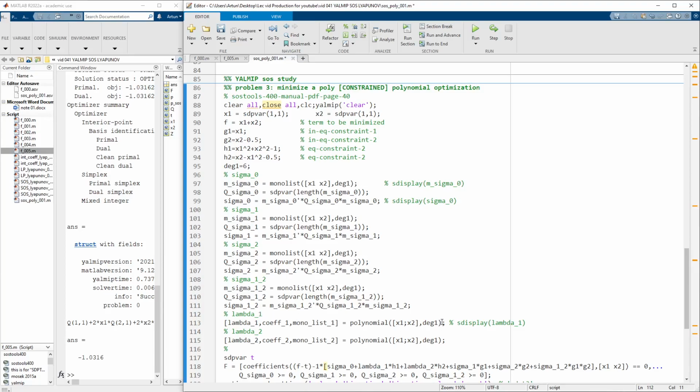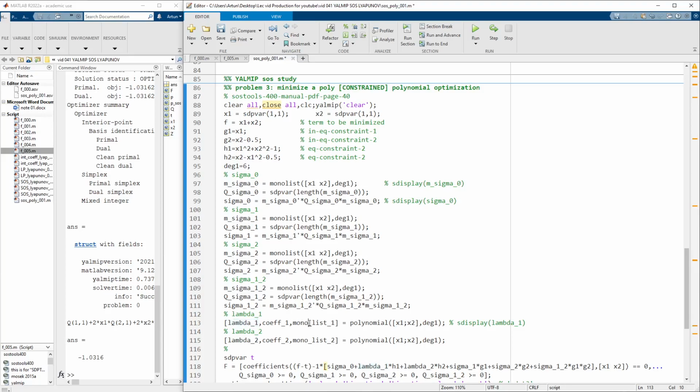You can initiate your polynomial decision variable or object by using this line. It generates a polynomial where the maximum degree is 6, the indeterminate terms are x1 and x2, and the name of that polynomial is lambda 1.